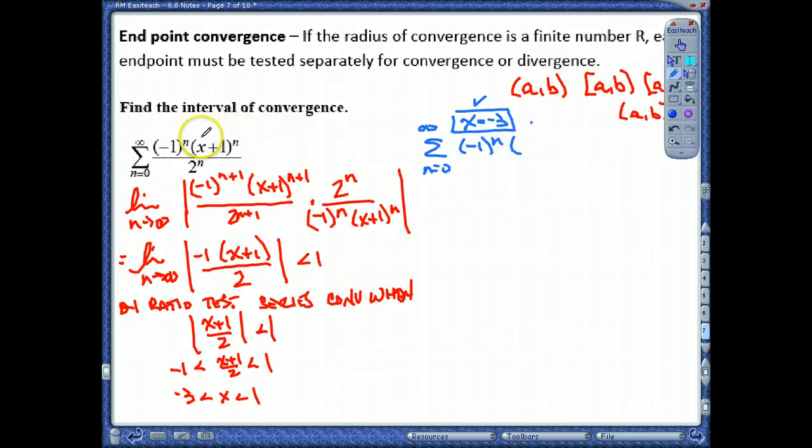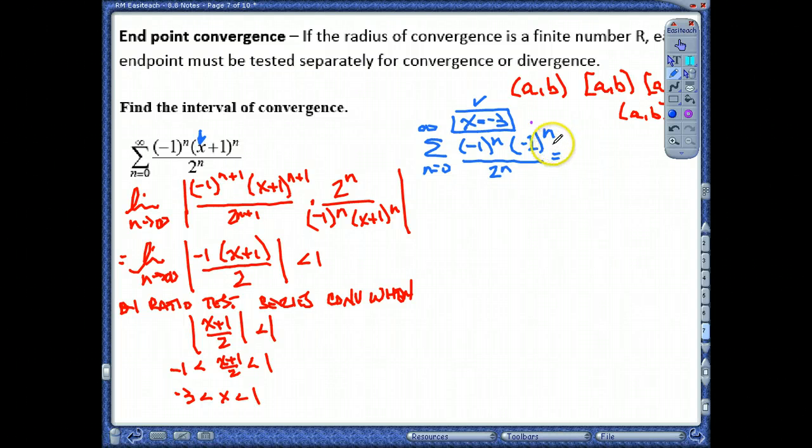Well, if I put negative 3 in here, I'm going to have negative 3 plus 1, which is negative 2, all over 2 to the nth power. Okay, well, I can rewrite that. This negative 2 to the nth power.